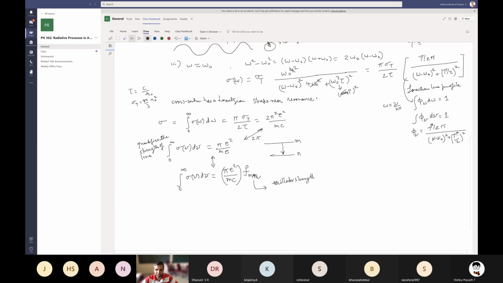It represents how many oscillators, sort of like a degeneracy. People do quantum calculations, which are extremely involved, but in the end they express their results in classical language by giving these oscillator strengths for various transitions.